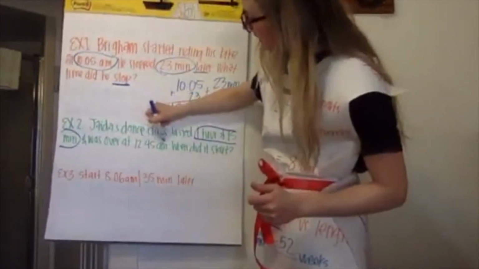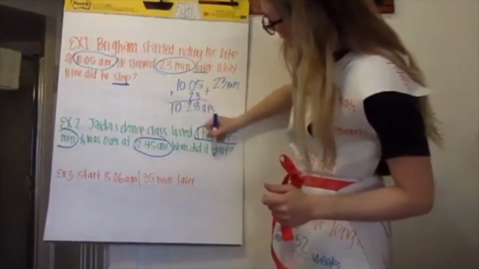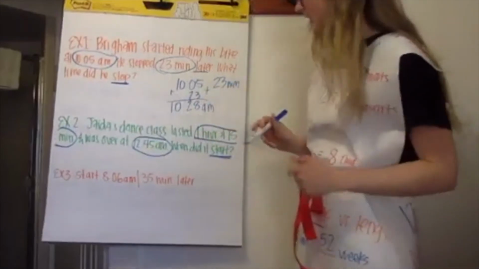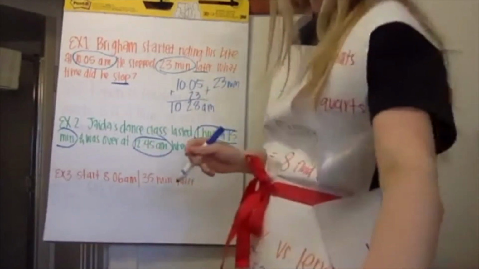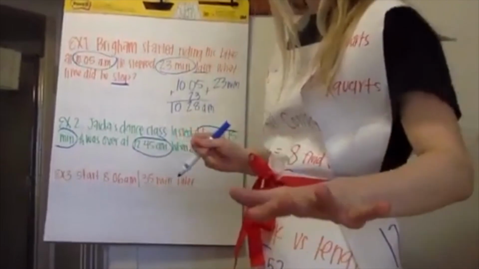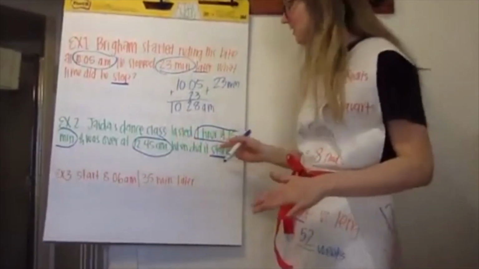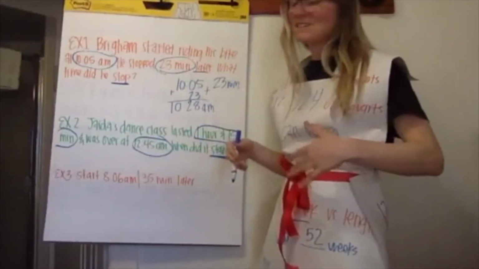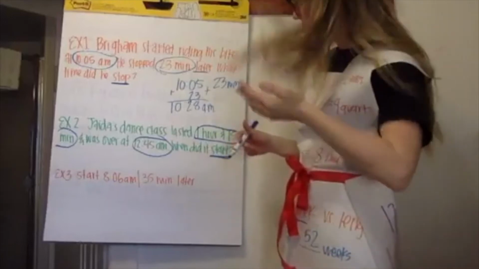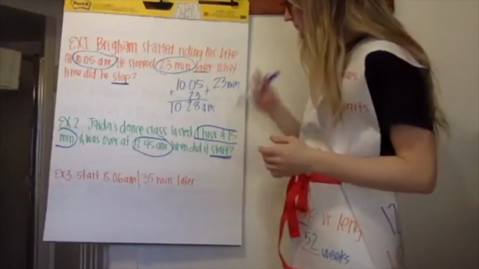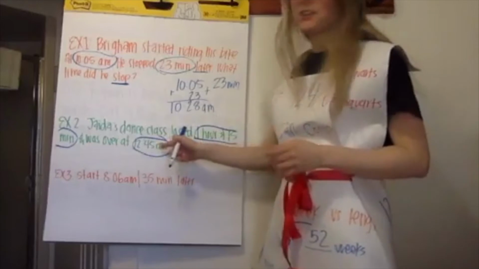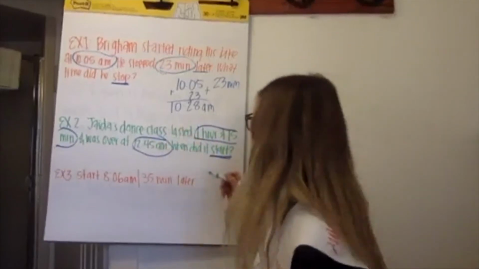And it was over at 12:45 a.m. We want to figure out what time it started. This is one of those where we are going backwards in time. So we have to start at our ending time. So it ended at 12:45.